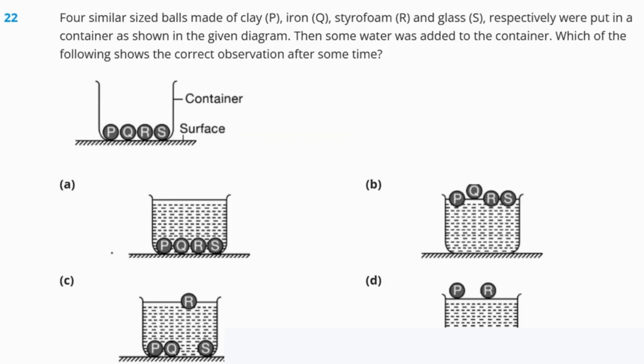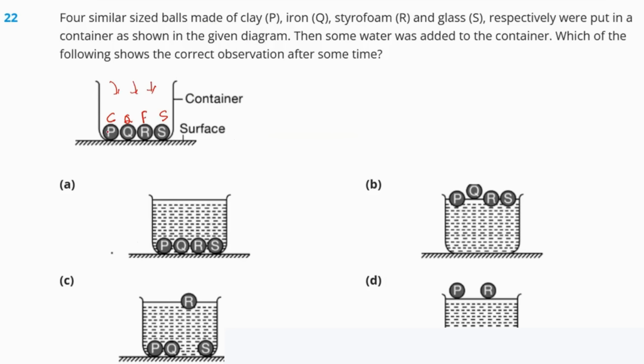Okay, question number 22. Very, very easy. Seems to be a little tough. 4 similar sized balls made up of clay, iron, styrofoam, I will write F, and glass, respectively, were put in a container as shown in the given diagram. Then some water was poured in here. And now you have to find out what would be the observation.